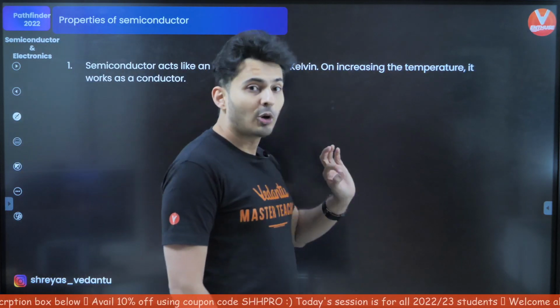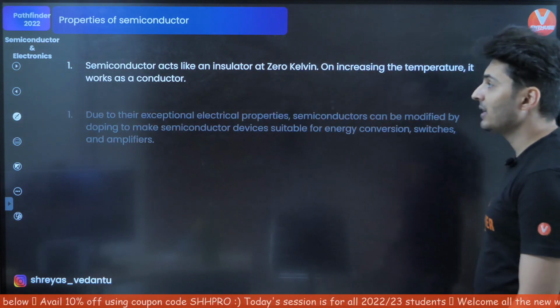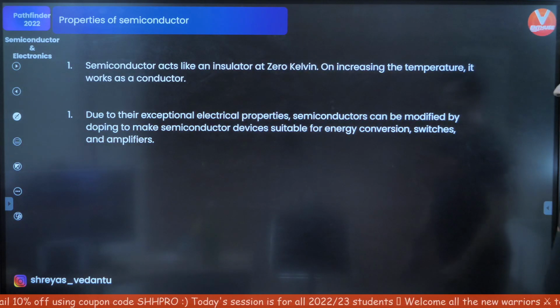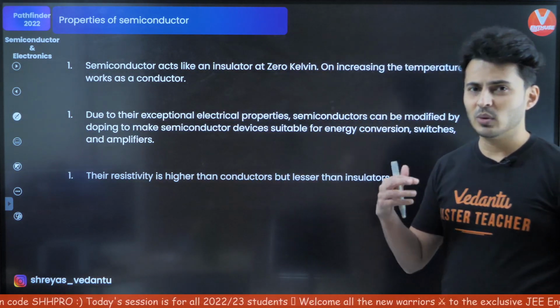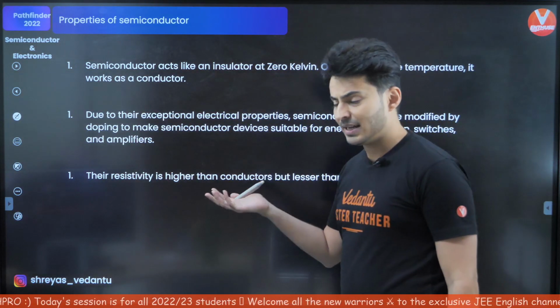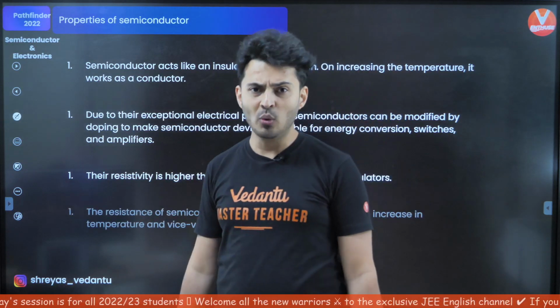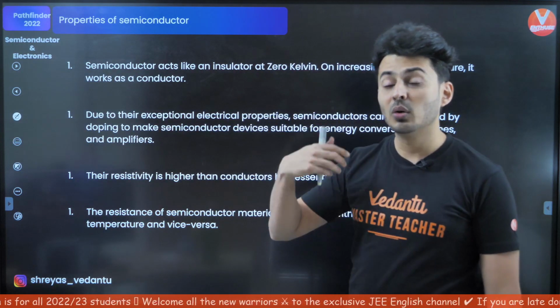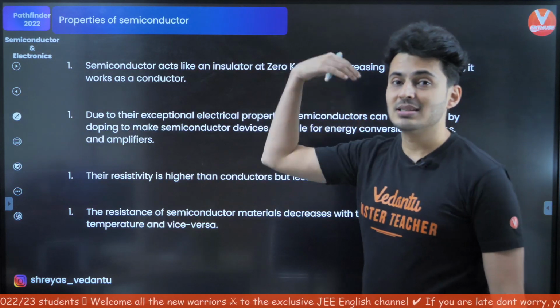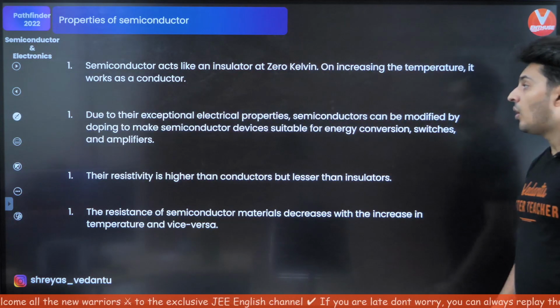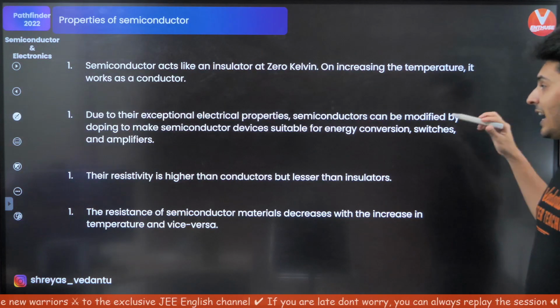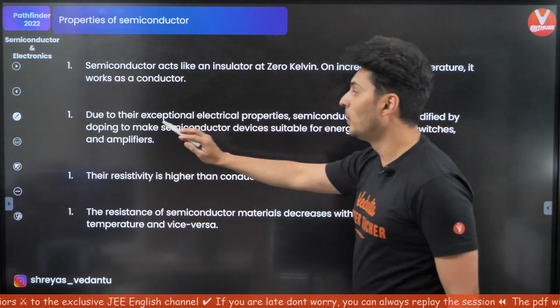Before that, quick recap of the properties of semiconductor. Semiconductor will be like an insulator because at 0 Kelvin, what happens? All the electrons will go back to the valence band, correct? Only at good temperatures you will see the electrons jump to higher energies, and that's how they start conduction. Also, semiconductors can be modified by doping.